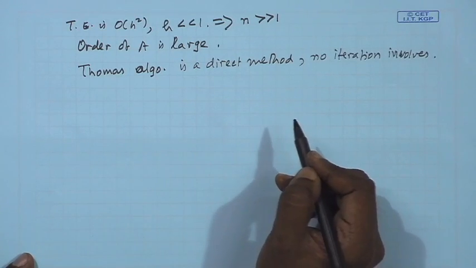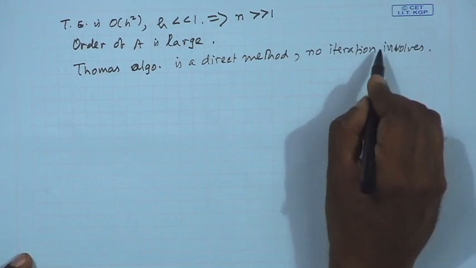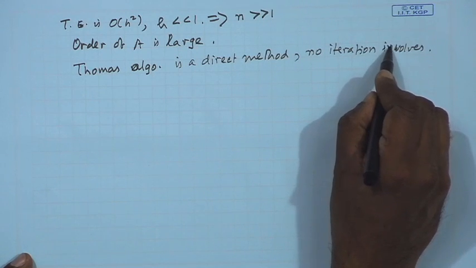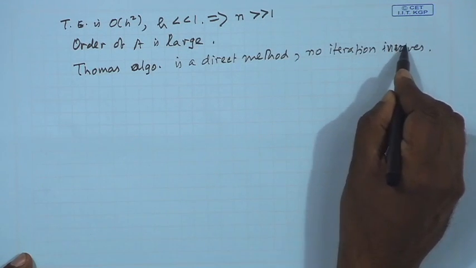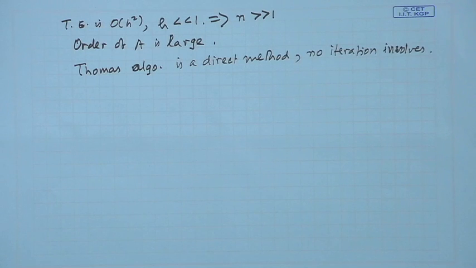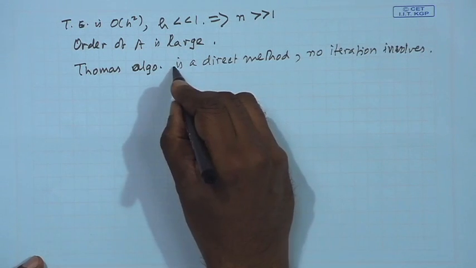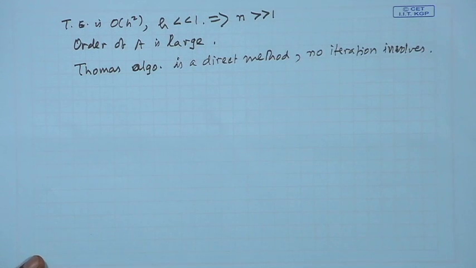But the given matrix should be tridiagonal. Now, one thing is that for getting a tridiagonality, you have to use 3 points. If I go beyond 3 points, the difficulty arises that we may not get a tridiagonality.